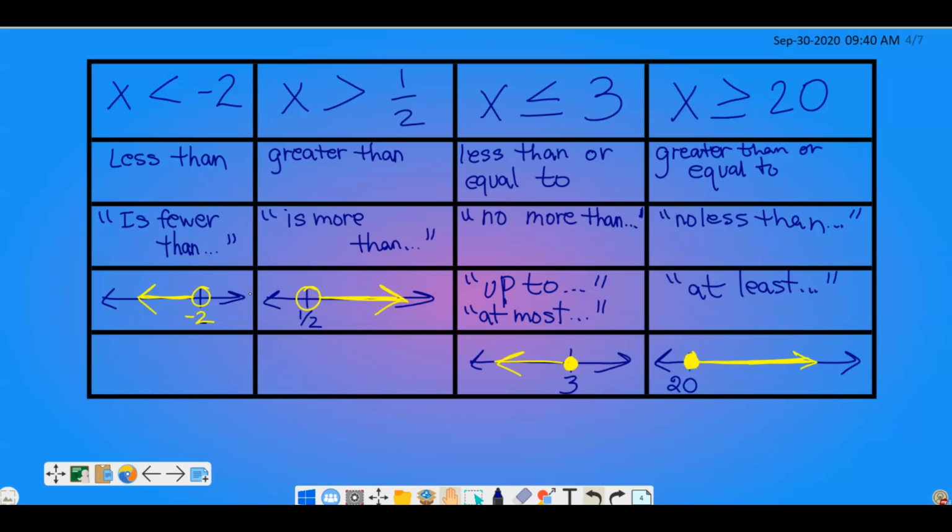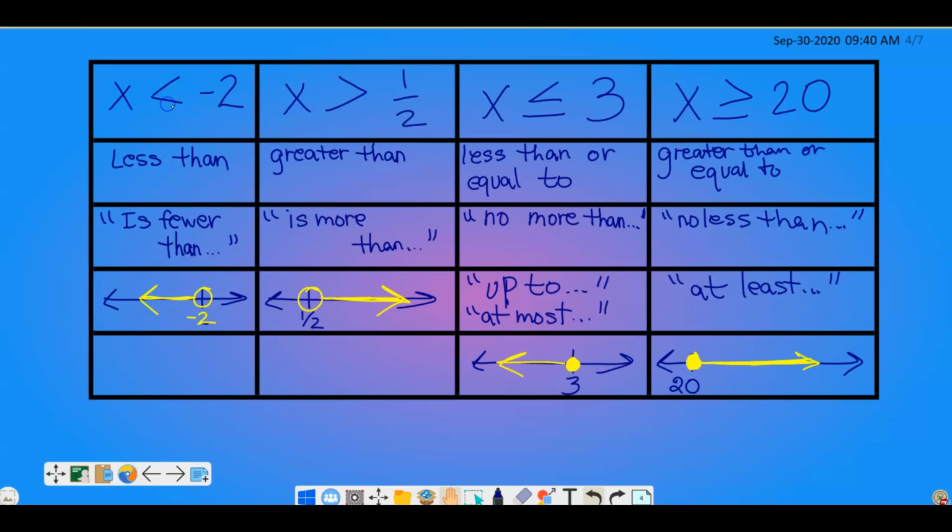Because this is strictly less than, -2 is not a solution to the set. So you draw your open circle and then your line pointing in the correct direction as to where all your solutions will be. And if you look at the point of the sign, it always points in the direction that you should be moving in.